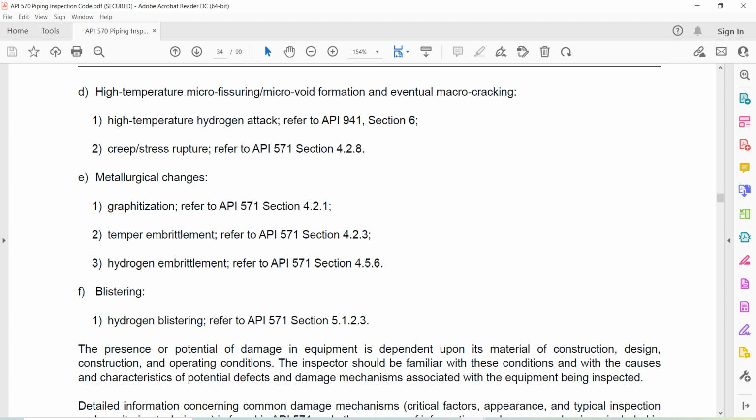High temperature micro fissuring, micro void formation, and eventual micro cracking. High temperature hydrogen attack. Creep stress rupture.